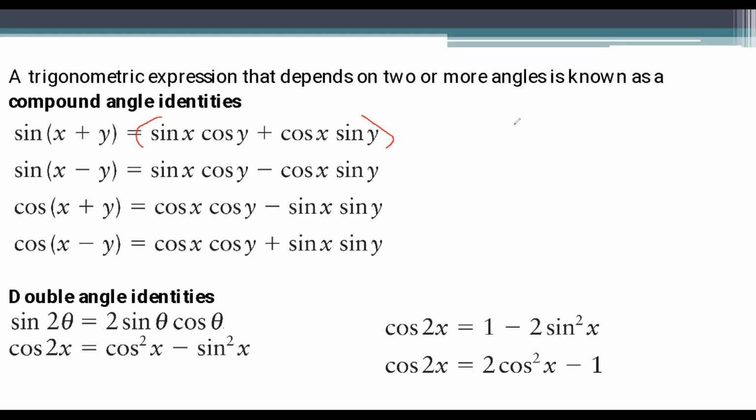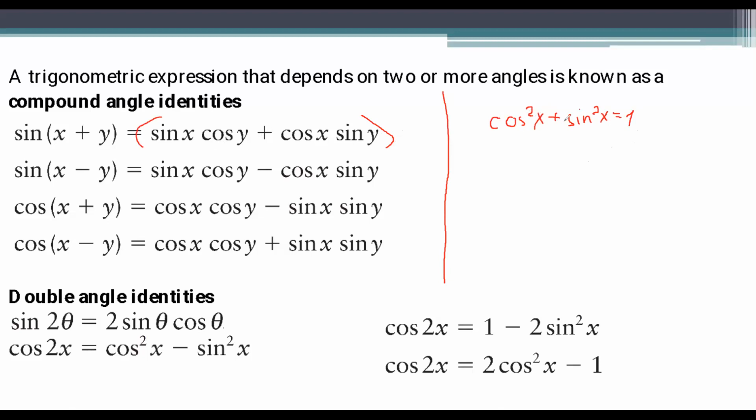There is one core ratio that is used to prove all of these relationships. But for now, we're just going to write it down: cosine squared x plus sine squared x equals 1.